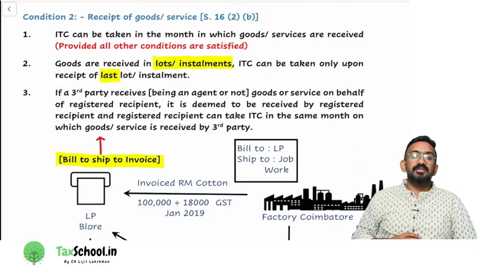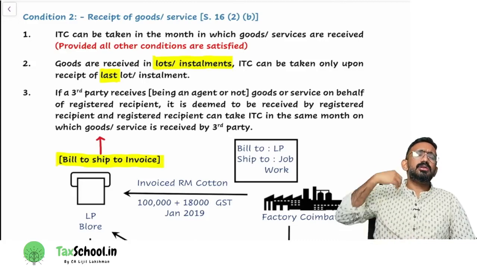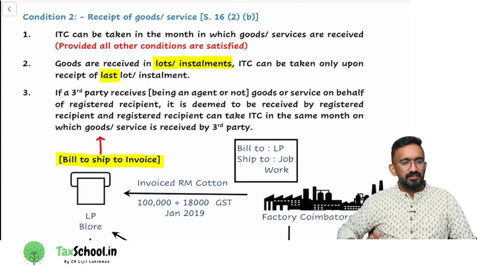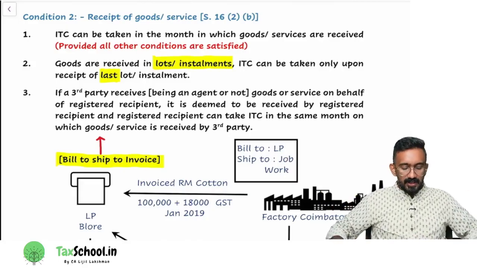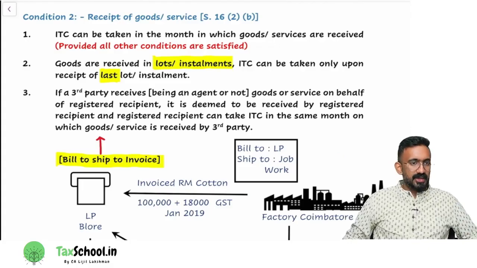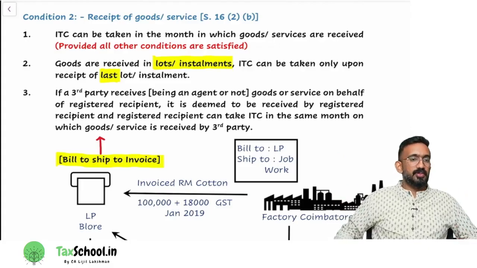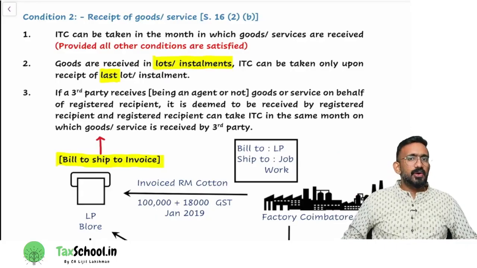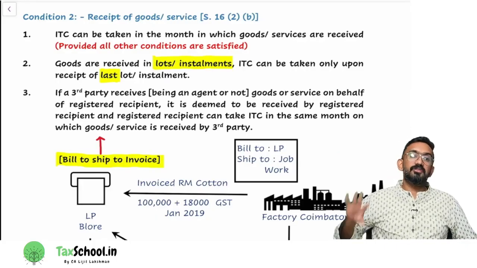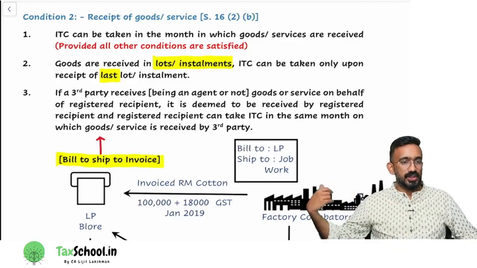What if goods are received in lots or installments? ITC can be taken only upon receipt of the last lot or installment. Multiple examinations have tested this. How will they test this? They would say there was a bill in January. I made a purchase in January. There was a bill for 10,000 kg of the product I wanted to purchase. But I got this 10,000 kg in 4 lots, 4 installments. 4 times the goods are coming in different lorries.